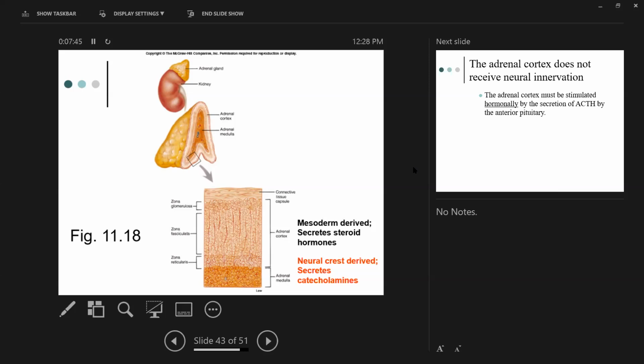Okay, ACTH also stimulates an enzyme called cholesterol desmolase. Cholesterol desmolase is going to convert cholesterol to pregnenolone.